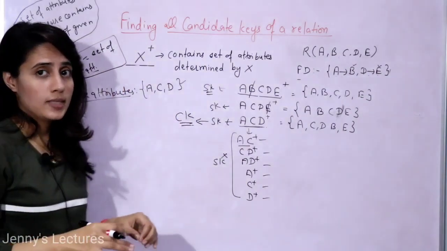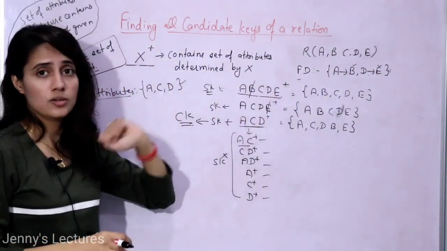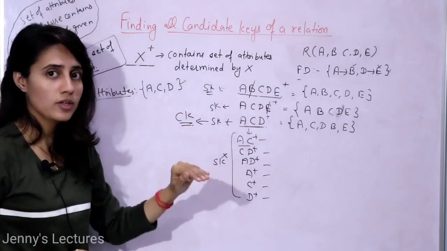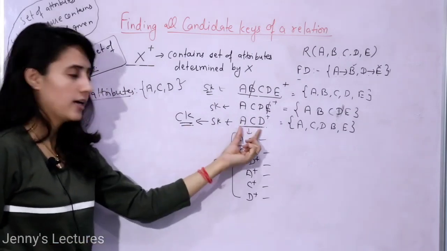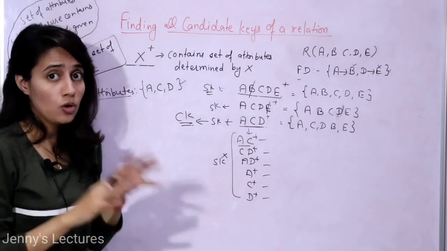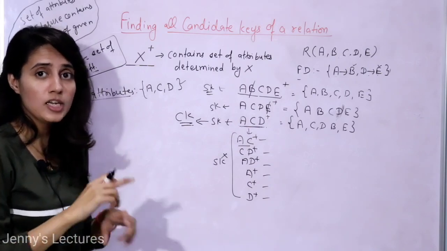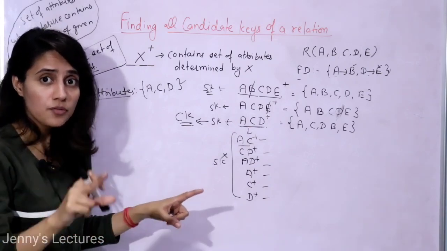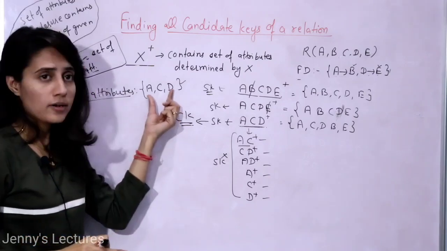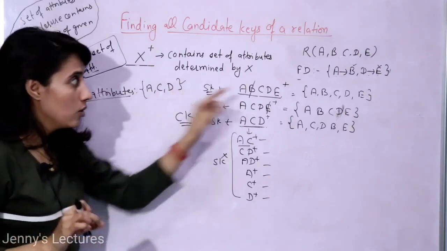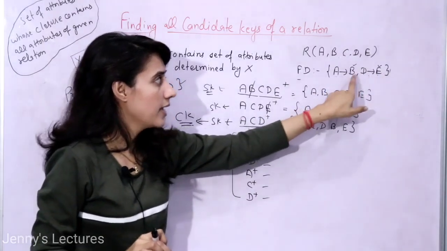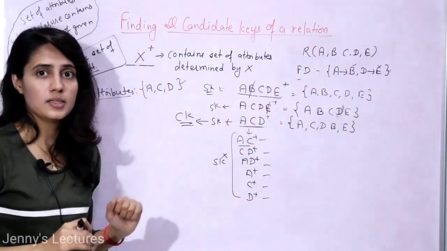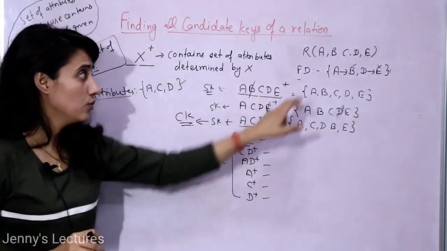So now you can say that in this relation there cannot be more than one candidate key. Only this candidate key is available. You will not find any more candidate keys if no prime attribute is available on the right hand side of the given functional dependencies.